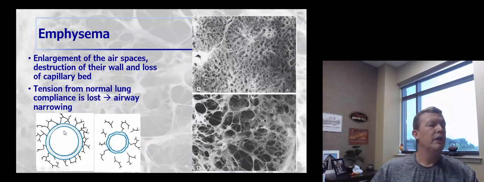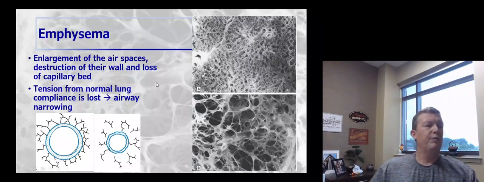You have a normal internal lumen of the airway represented by this white area, the normal thickness of the bronchial airway itself, and normal connective tissue, elastin and collagen, to provide the structure for this airway and to maintain its open integrity.